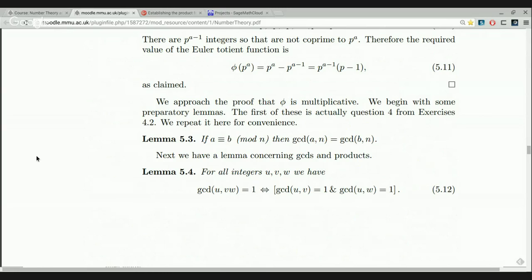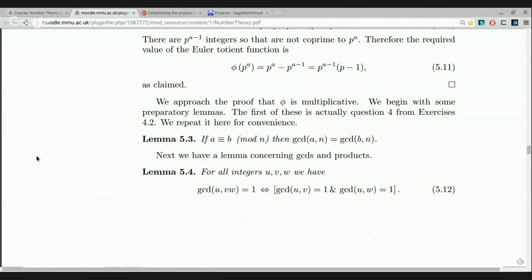So this statement on the left of the equivalence says that U is co-prime to V times W. So the prime factorization of U is completely different to the prime factorization of V times W. But that's the same as saying that there's no overlap between the prime factorization of U and V, and there's no overlap between the prime factorization of U and W. So it has a nice understanding in terms of prime factorizations.